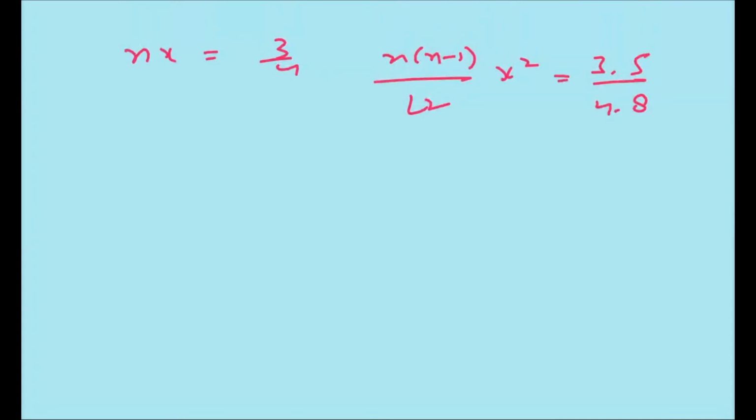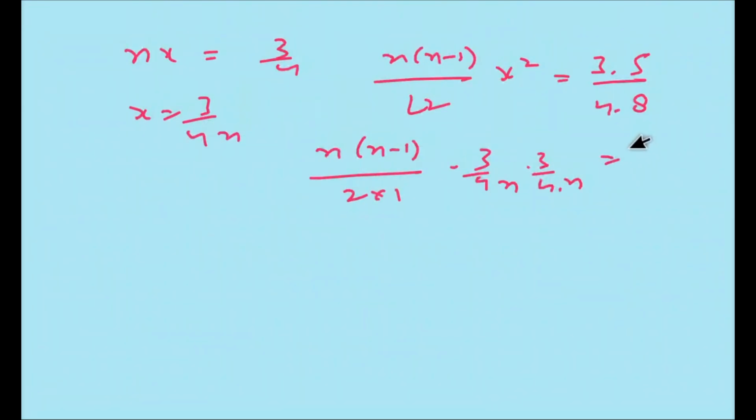Now put the value of x equal to 3 by 4n here. So we get n(n minus 1) upon 2 into 1 into 3 by 4n into 3 by 4n. Okay, x square, x equal to 3 by 4n. So now you can solve these two very well. Okay, so cut this n, and now you can solve this yourself, so that's no problem.